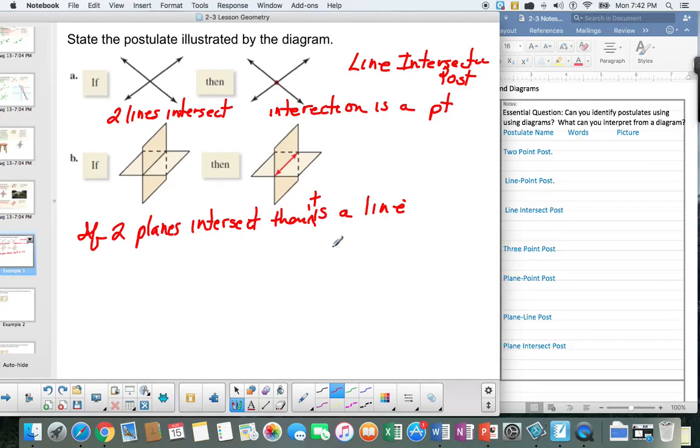Now that one is called the plane line postulate. So you start off with some planes, and you know that the intersection is going to be a line. It's a postulate. So if you memorize the title, or if you give me the words, I'll be okay.